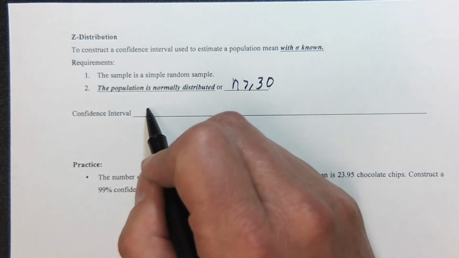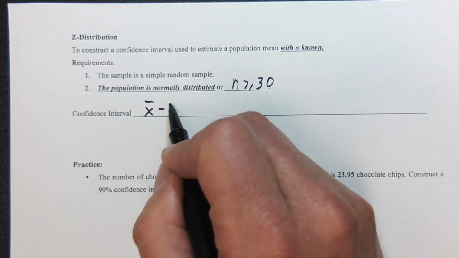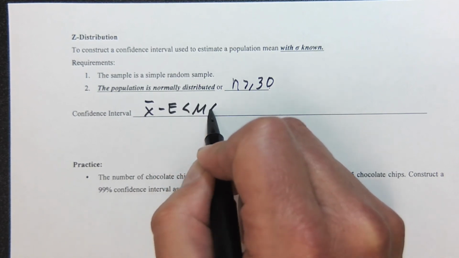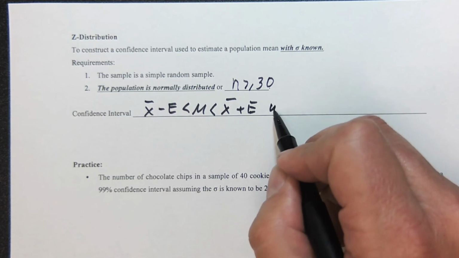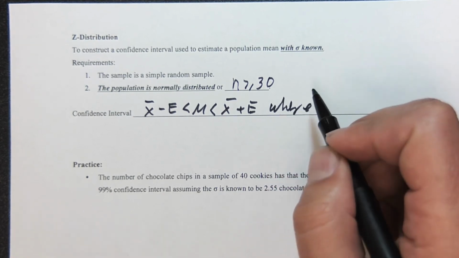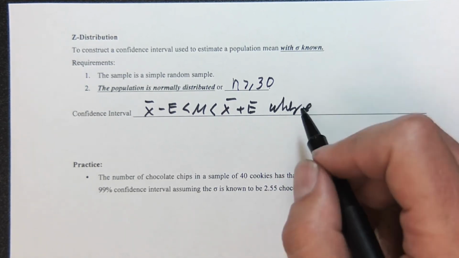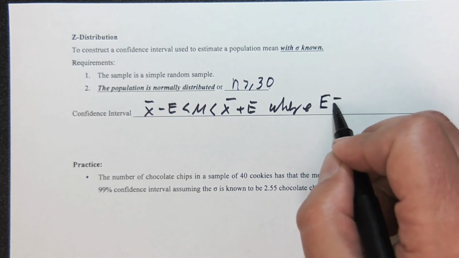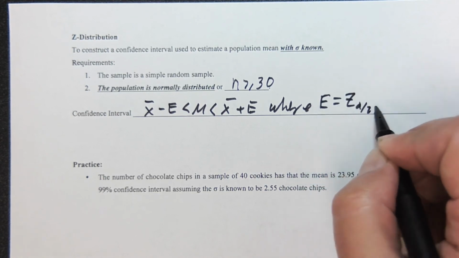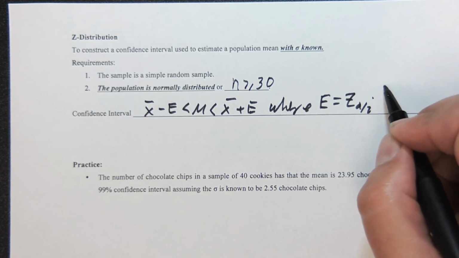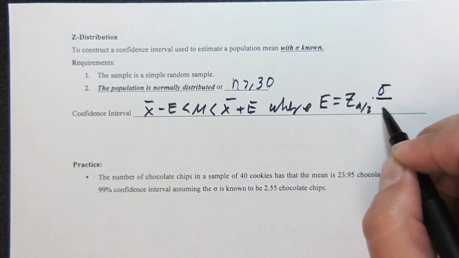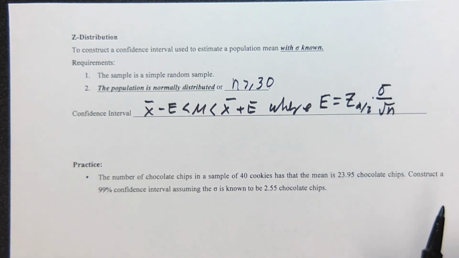And my confidence interval is going to be x bar minus E, x bar plus E, where E is z sub alpha over 2. So now we're back to z because sigma is known, times sigma over root n, because we're dealing with a sample.